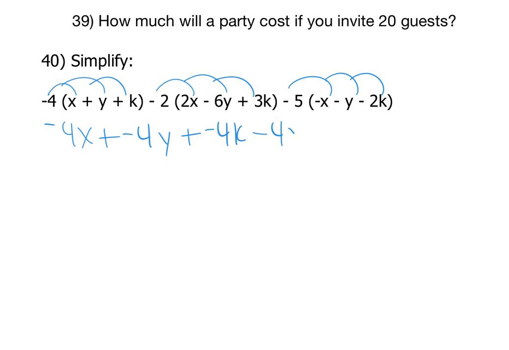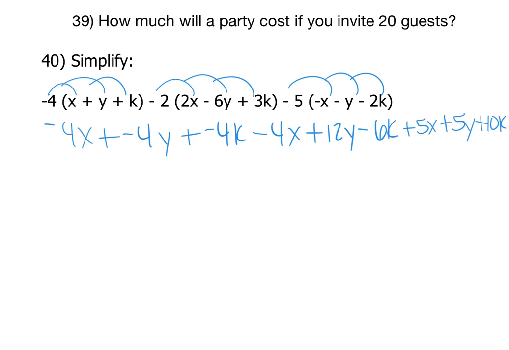That'll be minus 4x plus 12y minus 6k. And then I'll distribute a negative 5, and I will get plus 5x plus 5y plus 10k. And so the reason that all of those turned to pluses is because they were all minus, and then I multiplied it by a negative 5.